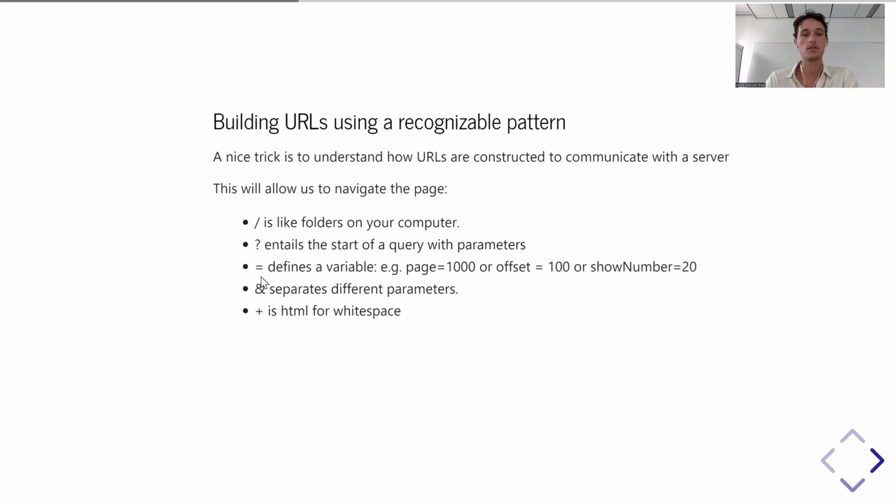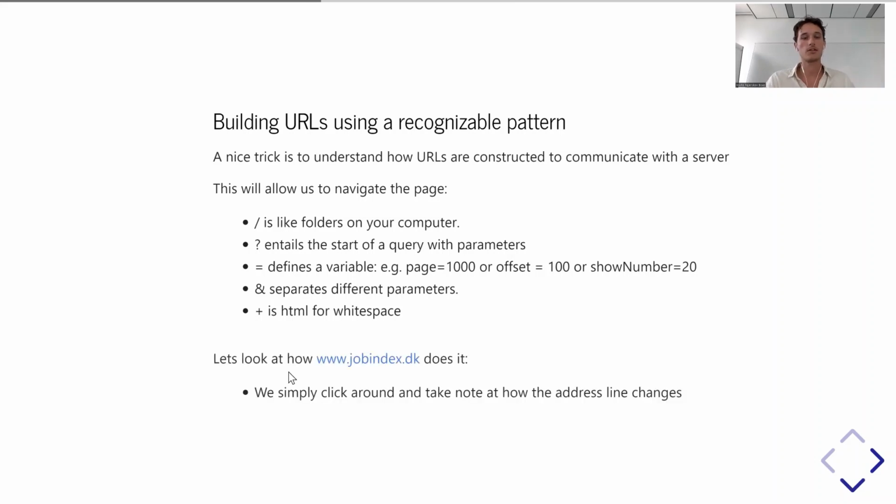And you use the equals sign to define these parameters. You also have the AND symbol, and it is used to separate different parameters. And lastly, you can use the plus, which is HTML for white space.